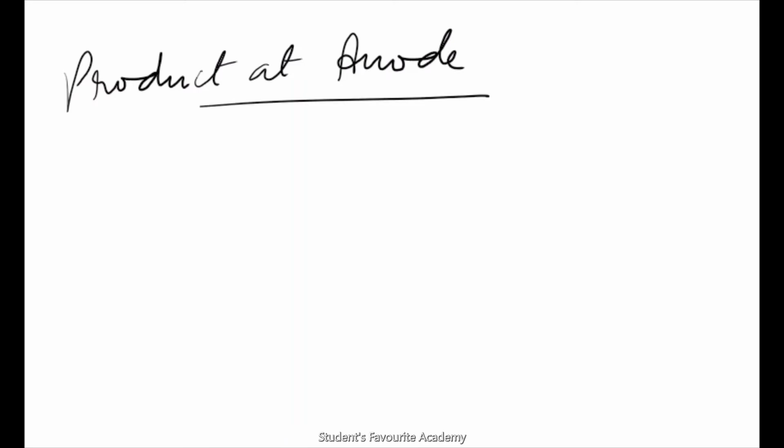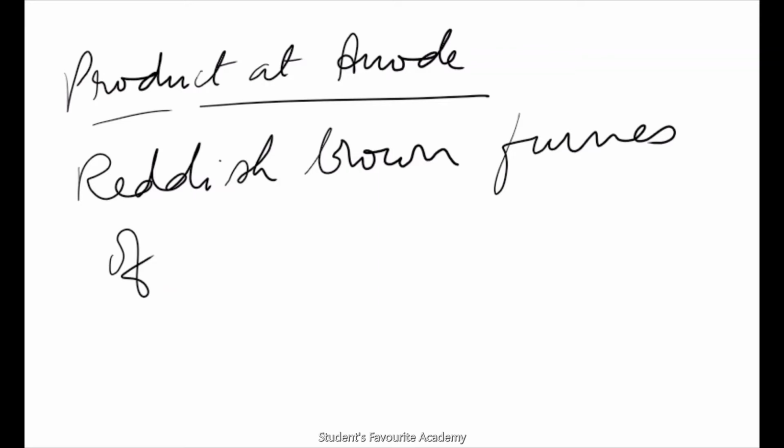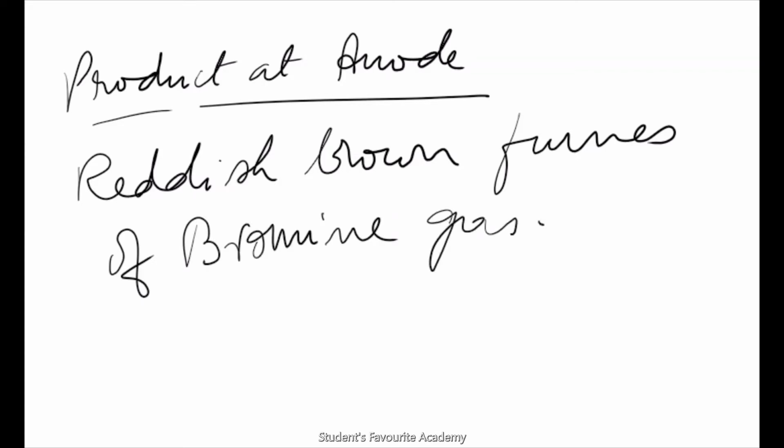Product at anode is reddish brown fumes of bromine gas, that is Br2.